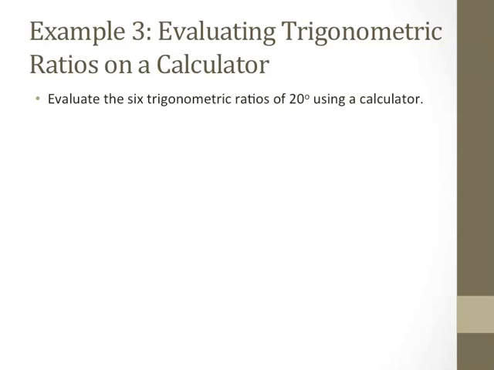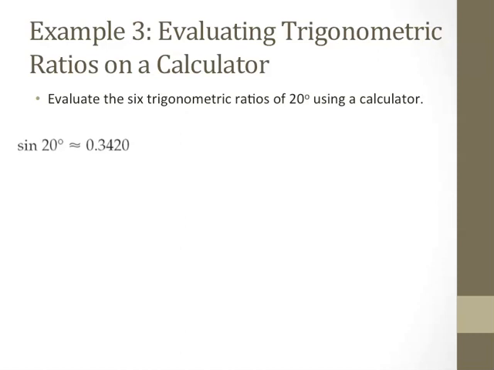Okay, so example 3, evaluate the 6 trig ratios of 20 degrees using a calculator. So this time, instead of having the sides and trying to write out the ratios, we're just simply going to use a calculator and find sine of 20. Now, if it's in degree mode, it should come out to be about 0.3420.